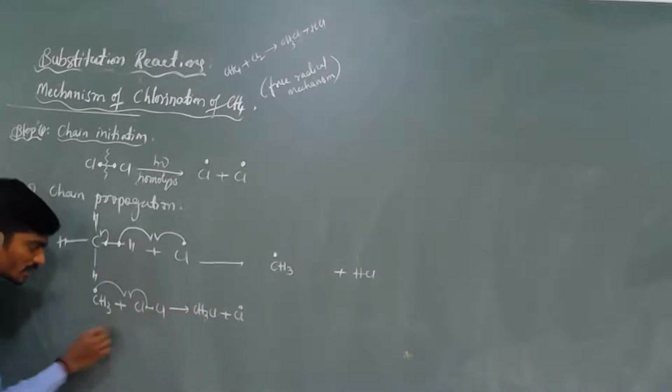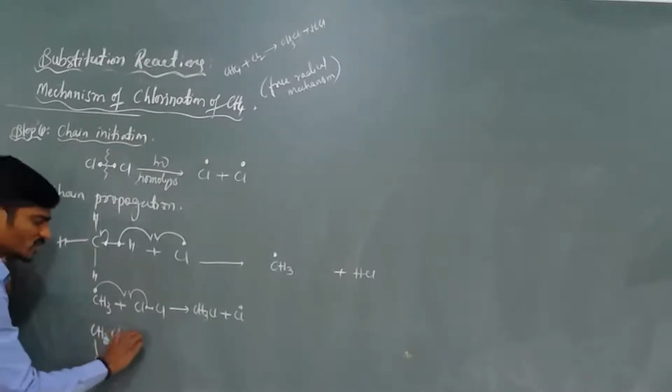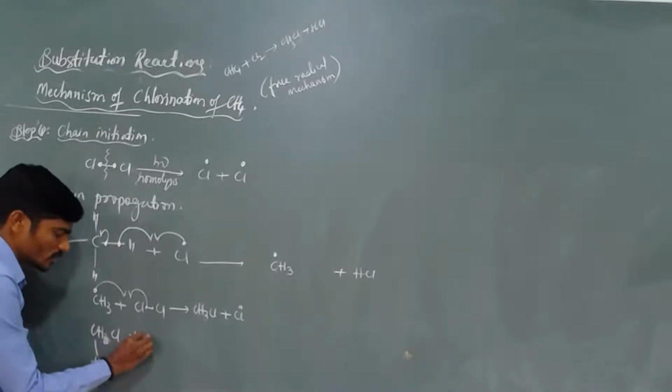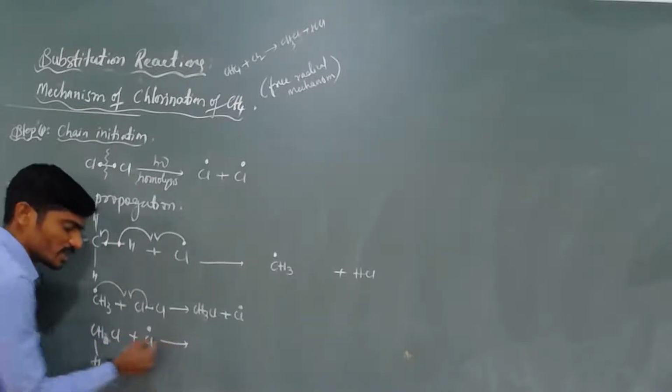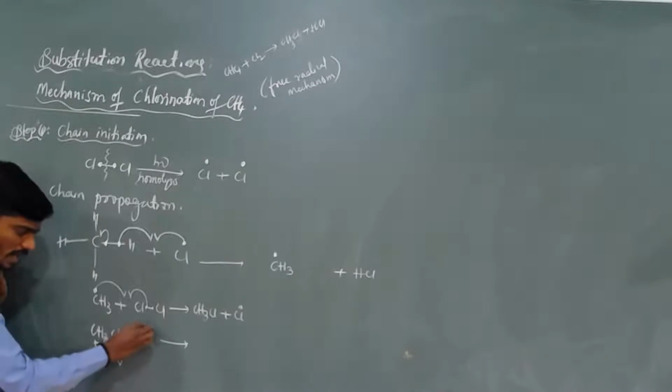Let's check. One compound is CH3Cl, and I am indicating one bond. Either a CH3 or Cl radical, any radical, suppose one more radical reacts with this compound. What happens? This one CH bond undergoes cleavage, giving one dot and this one dot.